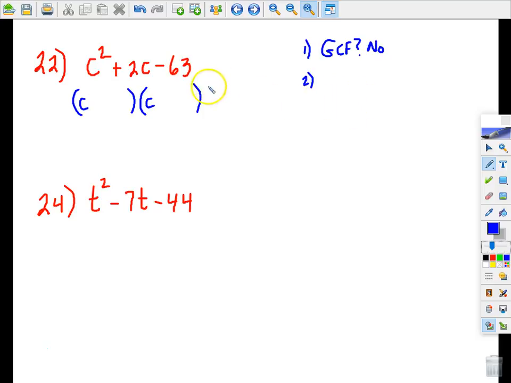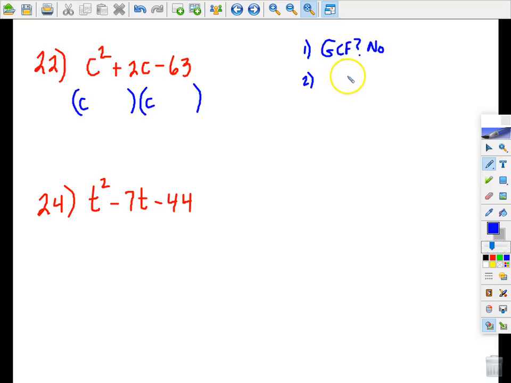Okay, so if it can be factored as two linear binomials multiplied together, then there will be factors of negative 63 that add up to positive 2. Okay, so I won't go through the whole list. I think you got the picture from my previous example.